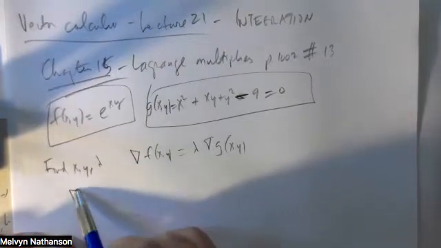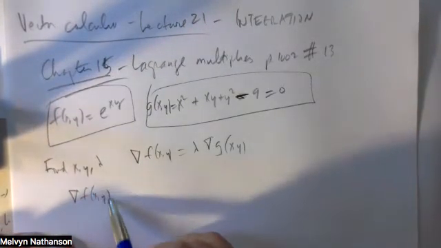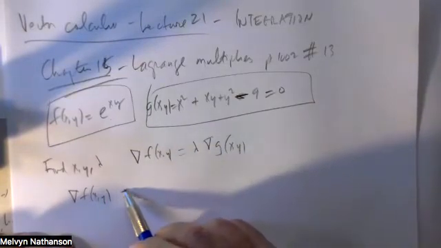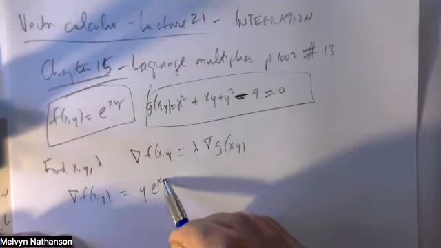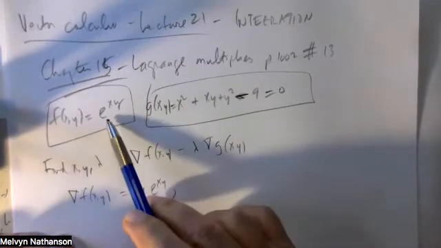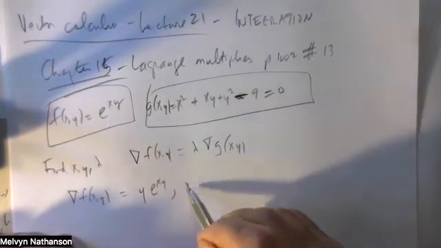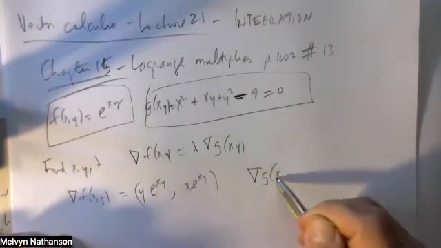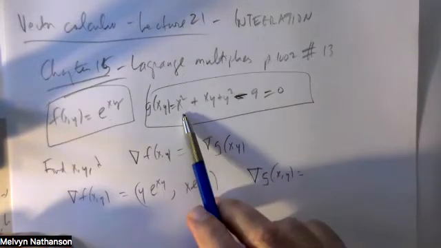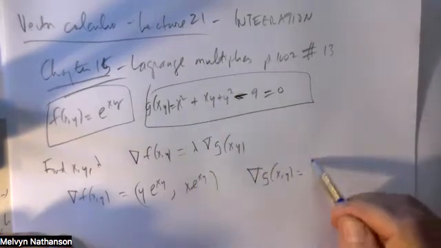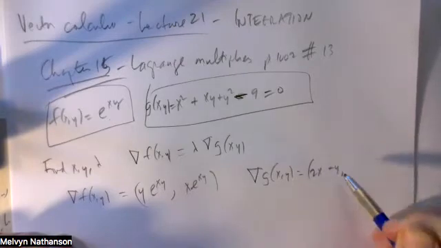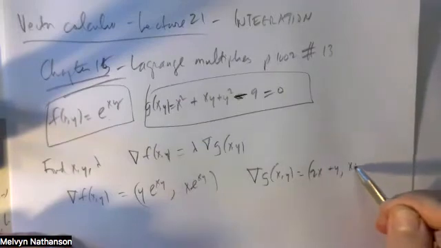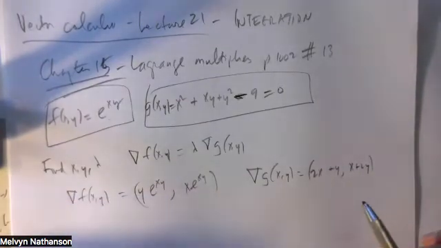So the gradient of f at x, y: if we differentiate f with respect to x, we get y times e to the xy, and if we differentiate f with respect to y, we get x e to the xy. And the gradient of g at x, y: differentiating with respect to x, we get 2x plus y, and with respect to y, we get x plus 2y.